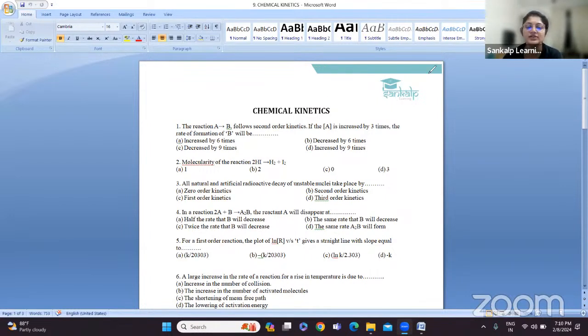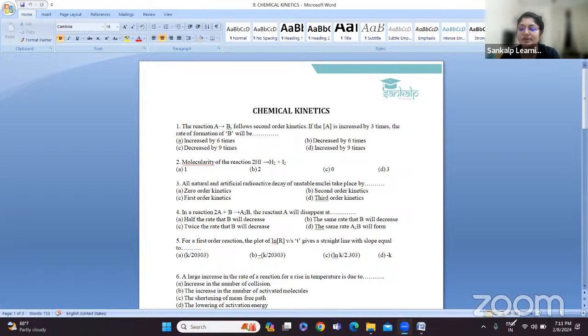What are the different factors which are affecting the rate of reaction? Then you might have studied about order of reaction, molecularity, then different orders: zero order reaction, first order reaction, second order reaction, half-life. So these are all things you might have studied in this particular chapter.